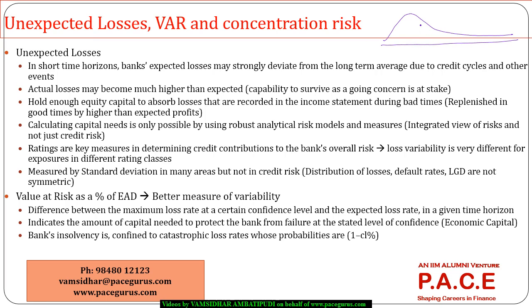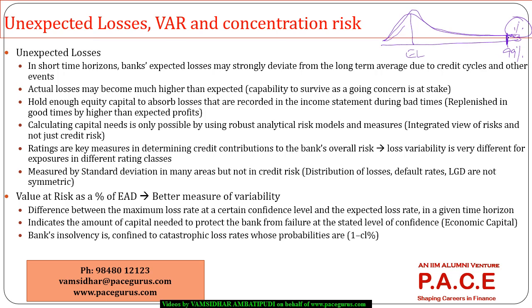Now, if this is how the distribution of the losses could be, very skewed kind of stuff. So if this is my mean, which is my expected loss, this could be my 99% area. This is the 1% area associated with this distribution.